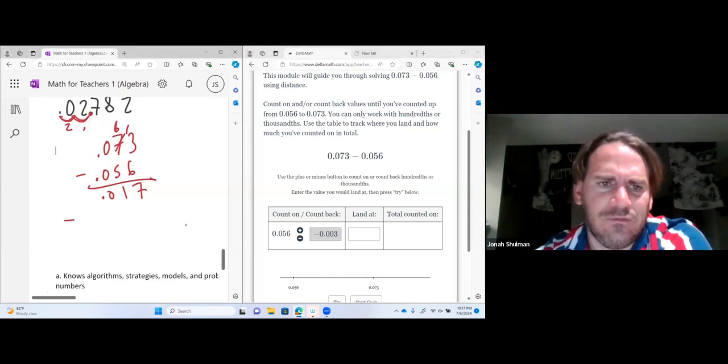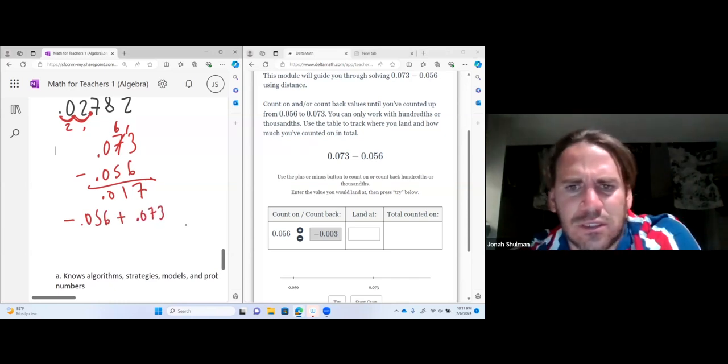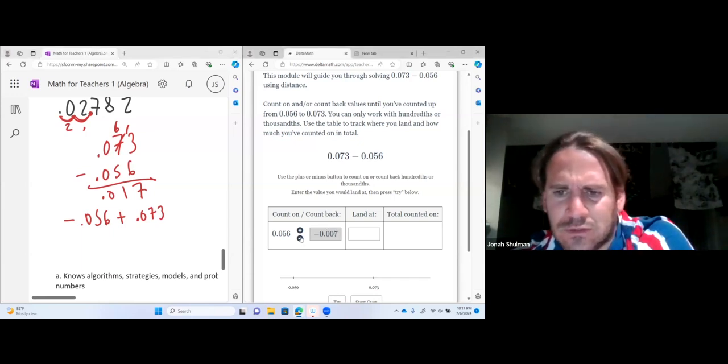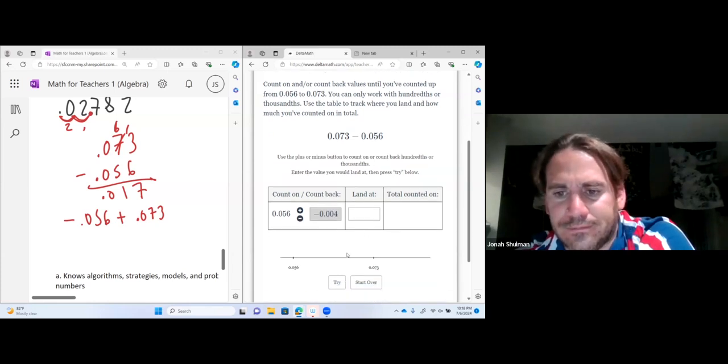We can write a negative 0.056 plus 0.073. That's one way to do it, but we have a positive 0.056. So the first thing I'm going to do, I'm just going to subtract 0.004.